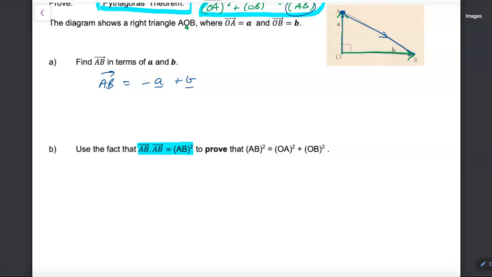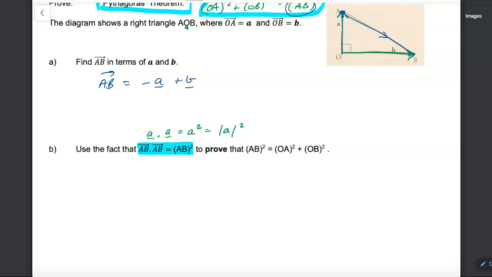So we're going to use that fact. I could write this in another way, saying a vector dotted with itself is just its magnitude squared, to prove that AB squared is equal to OA squared plus OB squared.